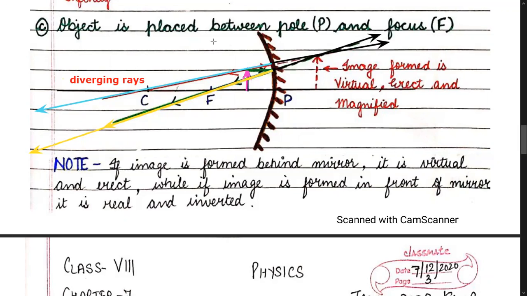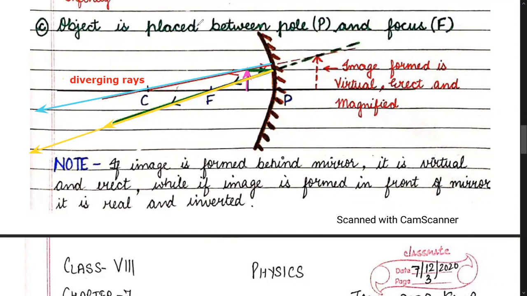So if you produce the rays backward, then you can see a point where the two reflected rays are not actually meeting; they were moving away from each other. But it appears that they are meeting behind the mirror. They are appearing behind the mirror.